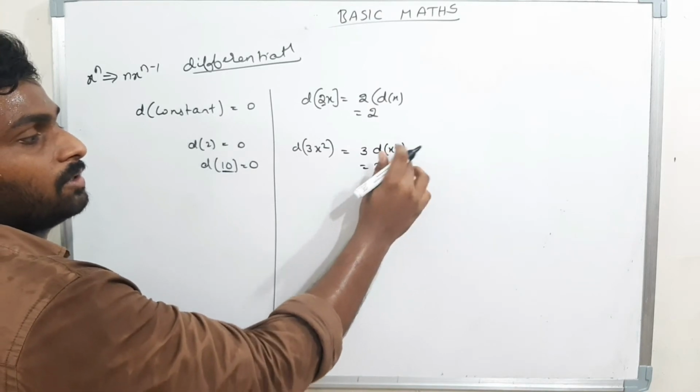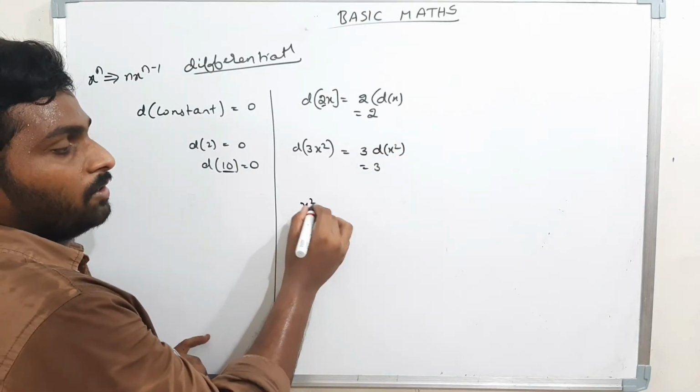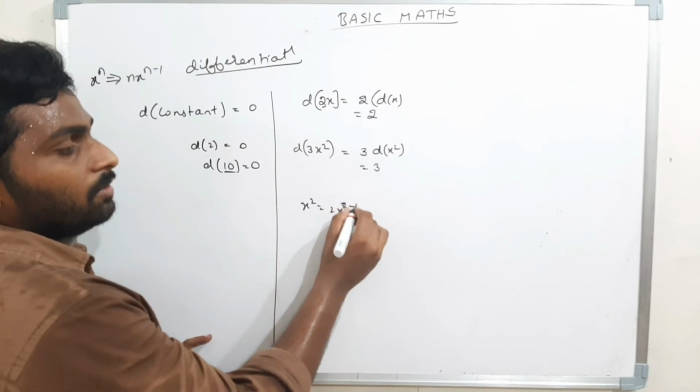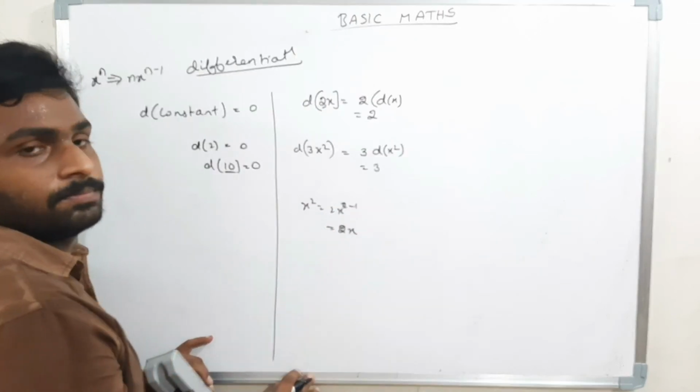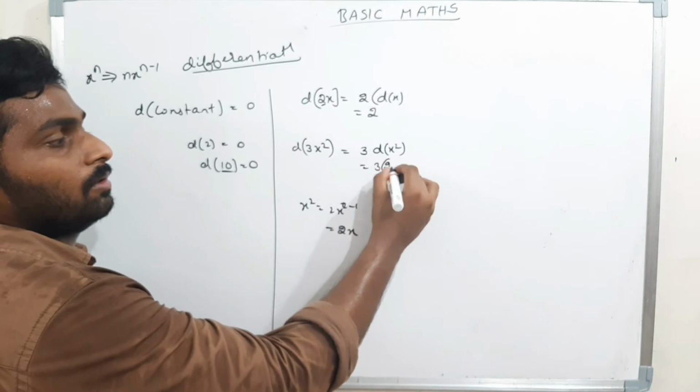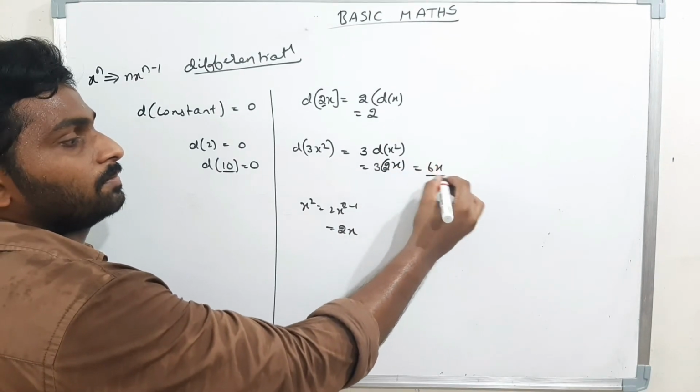X square differentiation is 2 into x power 2 minus 1, that is 2x. So 3 into 2x is nothing but 6x.